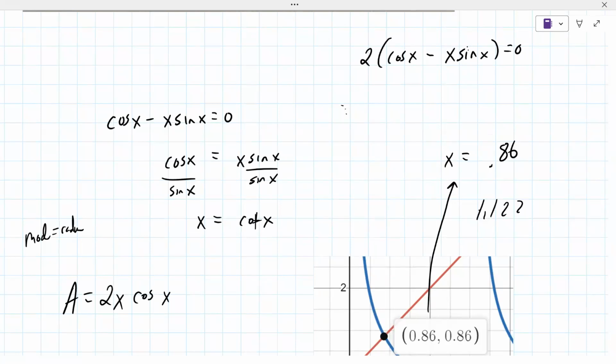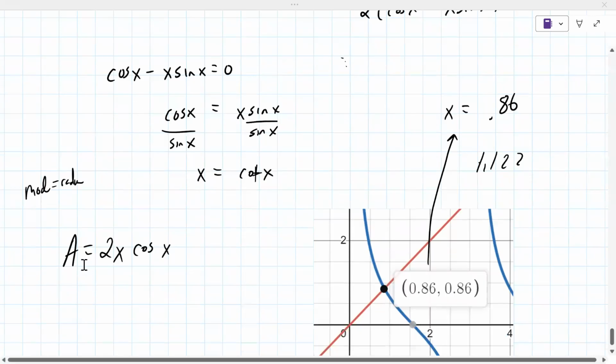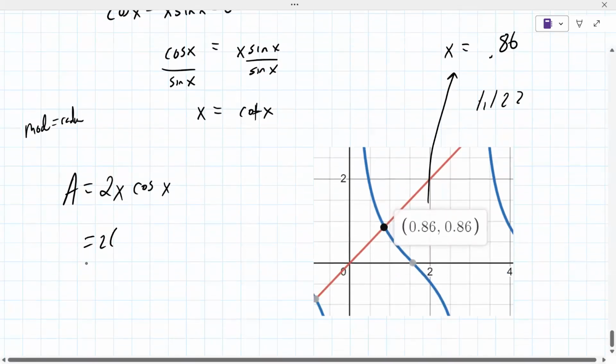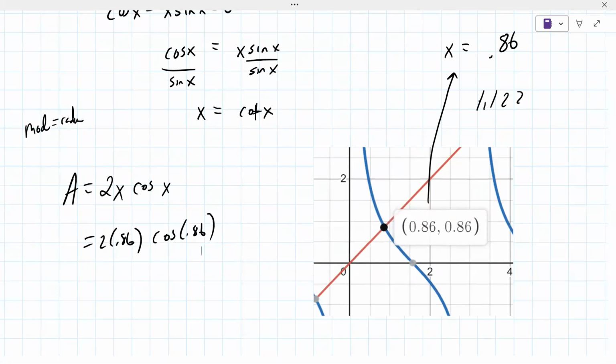So 2 cosine x. Should I plug in 0.86 for x? 2 times 0.86, yes. Cosine 0.86. Make sure it's in radian, and you'll get that 1.122, or you should. Famous last words.